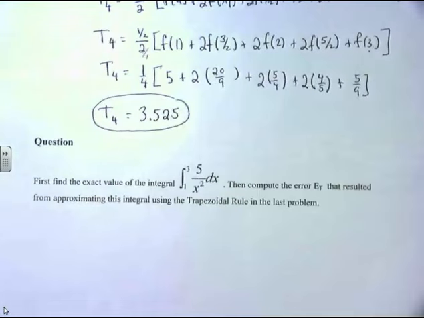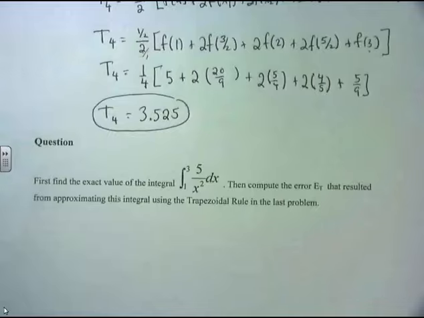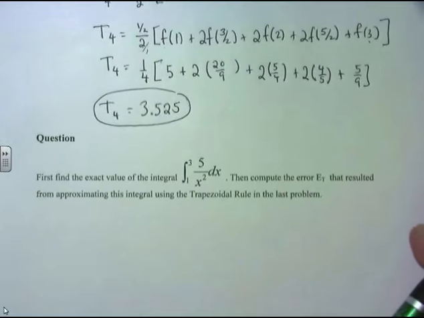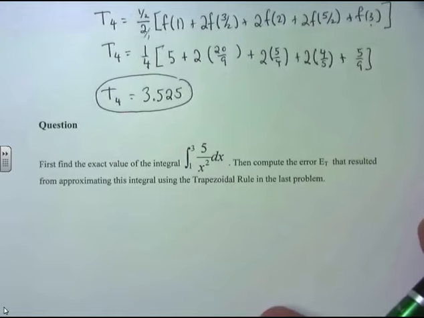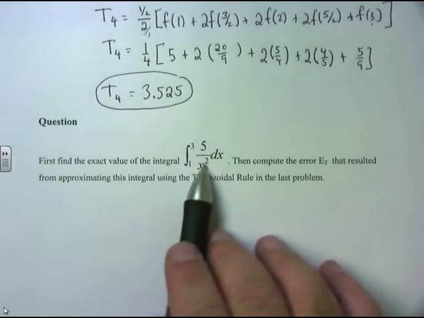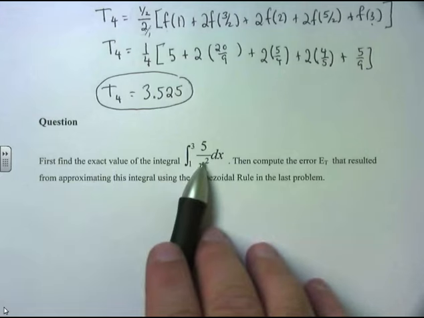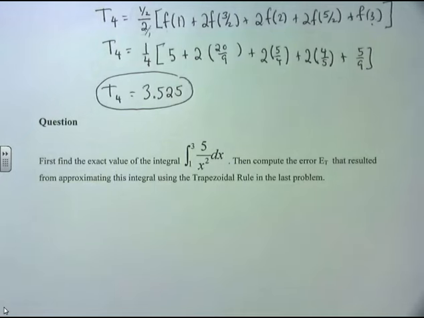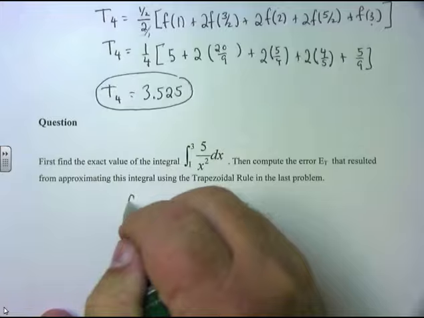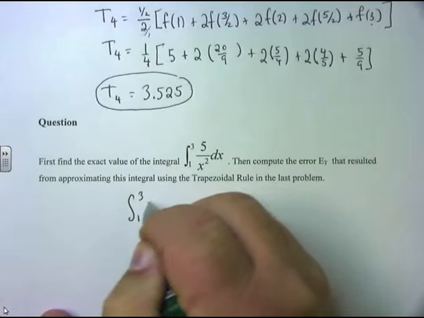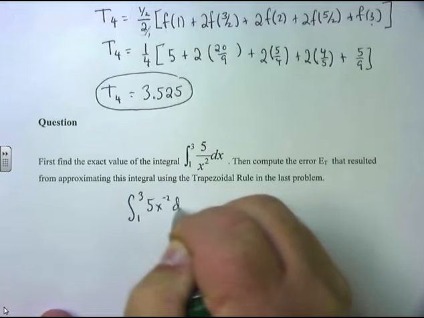And that's my solution. Now again, this is an approximation, but let's see how good an approximation this is, because we could integrate this. The next question is, let's find the exact value of this and then compute the error. Well, the exact value, I would clean it up first. This is the integral from 1 to 3 of 5x to the negative 2 dx.